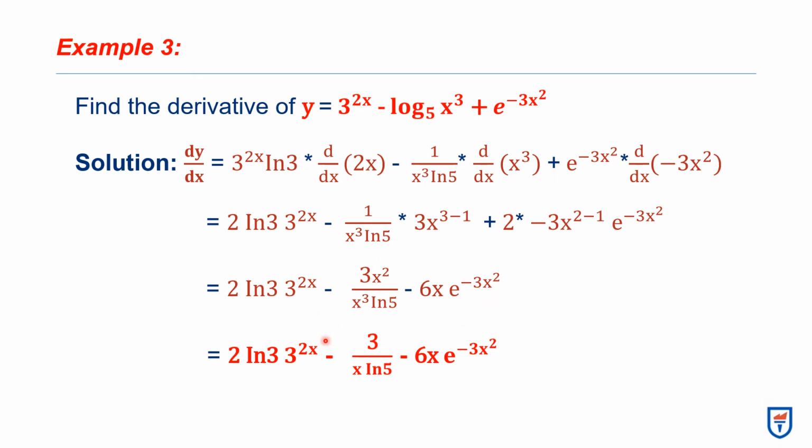So our answer is reduced to 2 ln 3 times 3 to the power 2x minus 3 over x ln 5 minus 6x times the exponent minus 3x squared, which is our final result for the derivative of our function y equals 3 to the power 2x minus log of x cubed to the base 5 plus the exponent minus 3x squared.